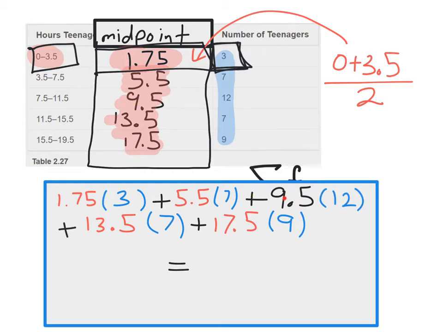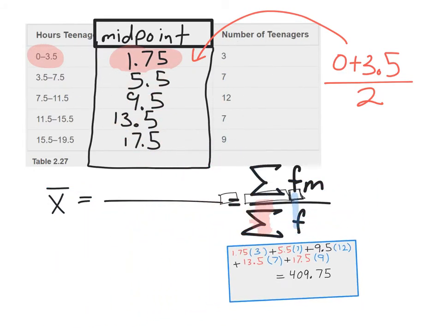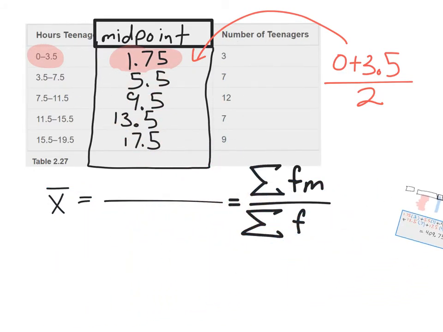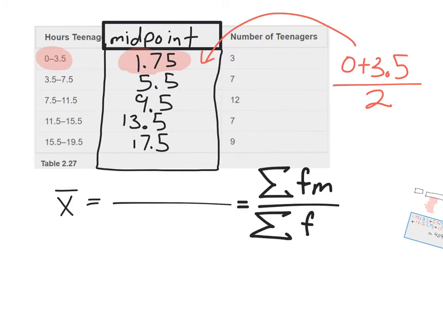So I'm going to add in that 9.5 times 12. And if I continue this process, I'm going to get to a total sum of 409.75. And that's going to be the numerator of my formula. So let me come down here, and I'm going to put that 409.75 right here.